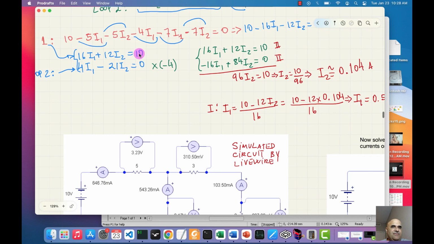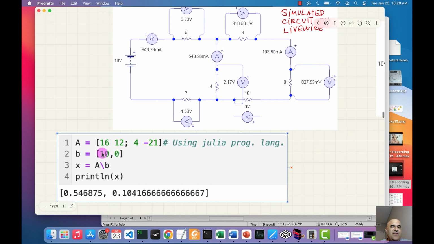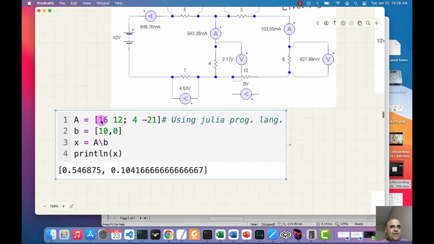And the constants here, 10 and 0, as another array. So we have a two-dimensional array, which is a matrix, and here I have only a one-dimensional array, which is a vector. Okay, of course, this vector has two elements.